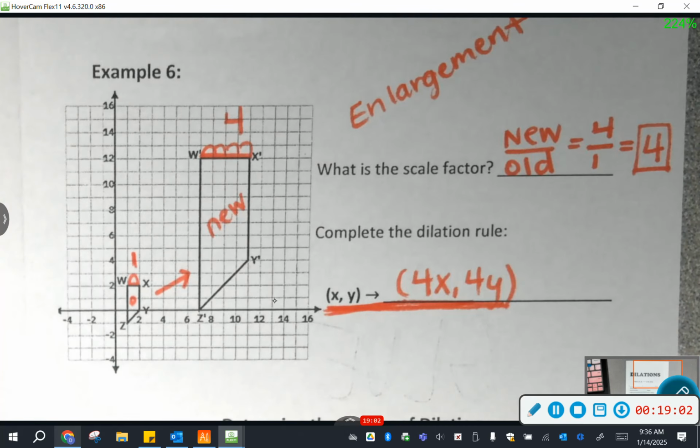Do I have any questions? Does everybody have a protractor or straight edge at their desk? Does anybody need a protractor or straight edge? You need one?